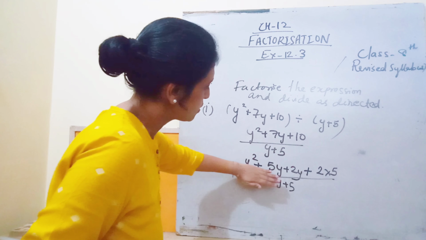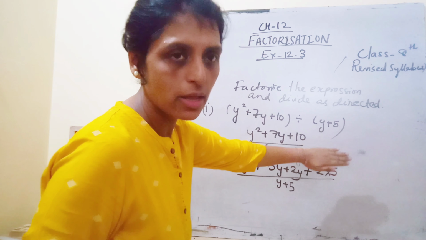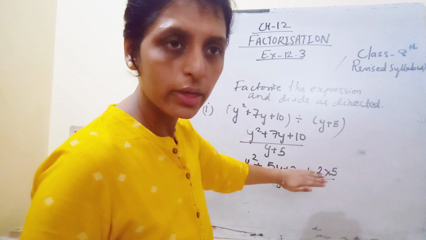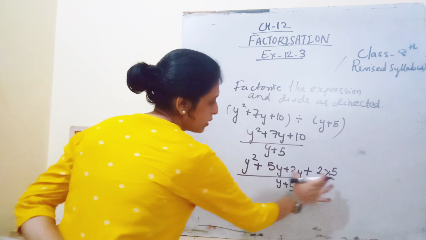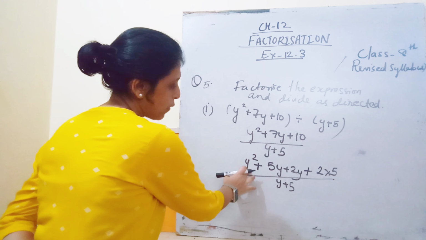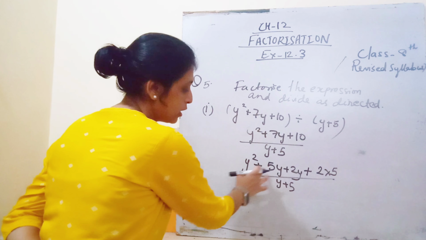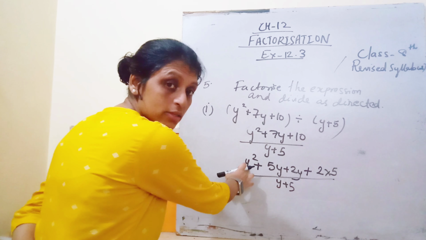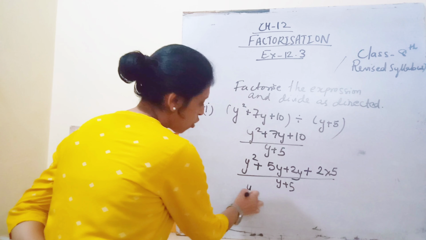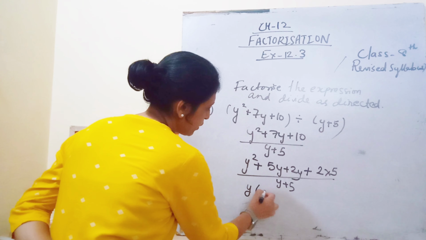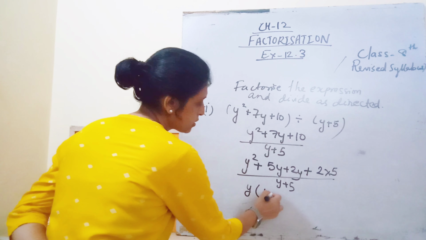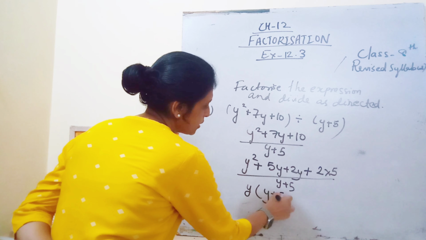Now children, in this we have got 4 terms. Now we can pair them, one pair and the other pair. Here it is y square and here it is 5y, so at least one y can be taken as common. I have taken y as common and we are left with y in the first term plus 5 in the second term.